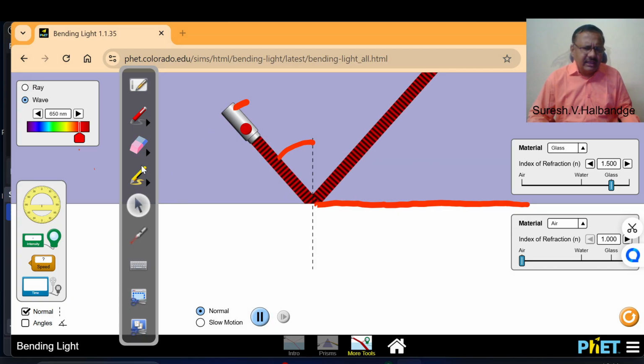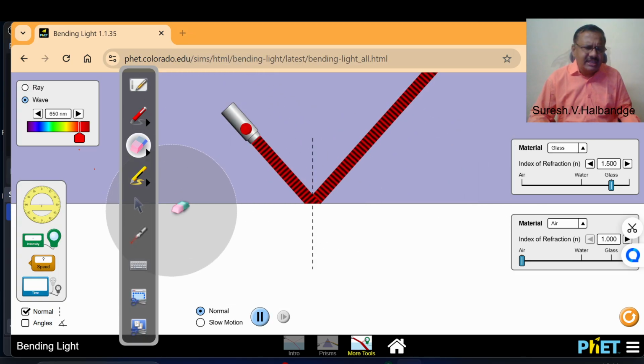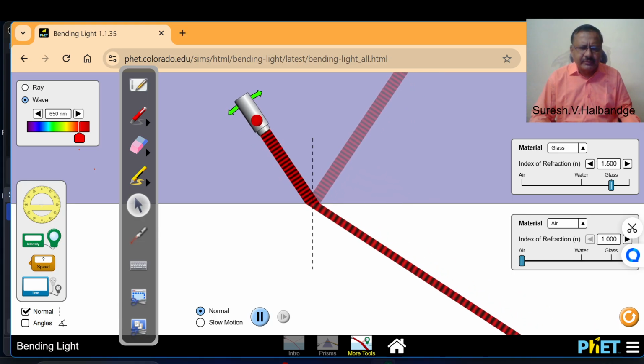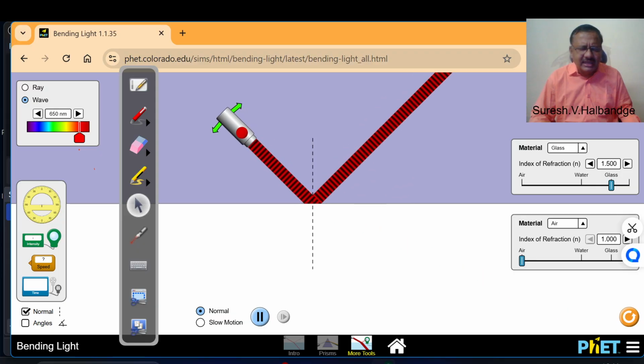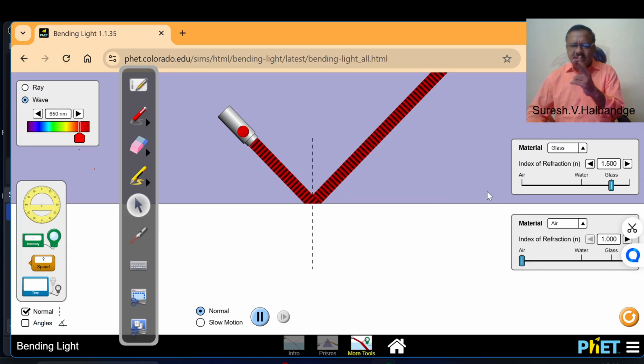Now, if the angle of incidence is greater than the critical angle, see this way, slowly I increase the angle. Now this angle is greater than the critical angle. Now there are two conditions.